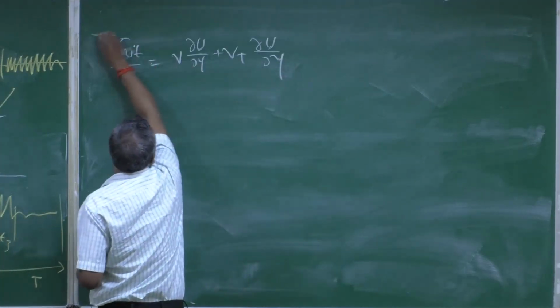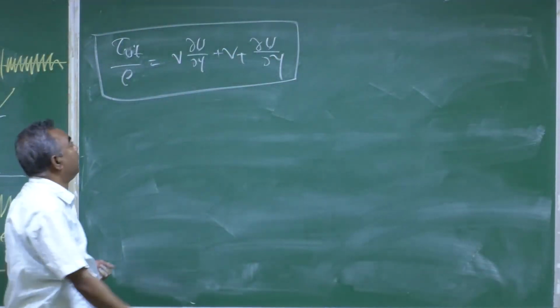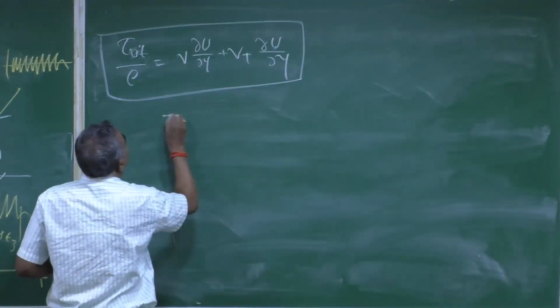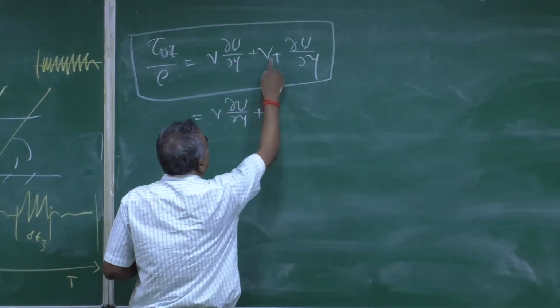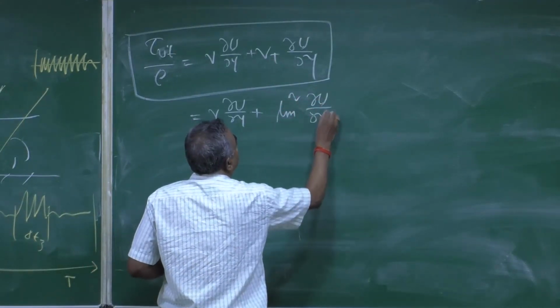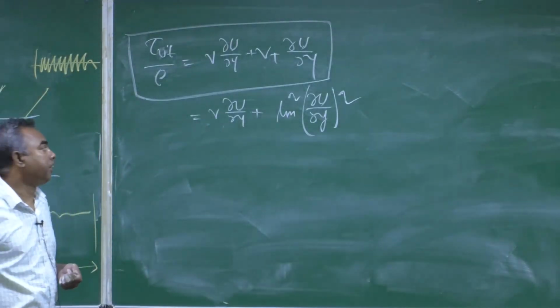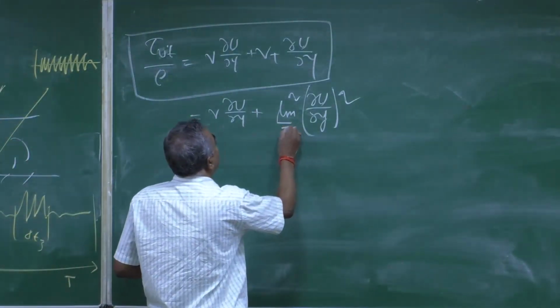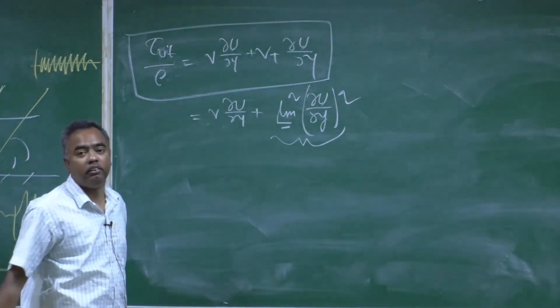This is what we wrote using the eddy viscosity. So, nu del u by del y plus this can be written as Lm squared (del u by del y) squared, and this is your Reynolds stress quantity.